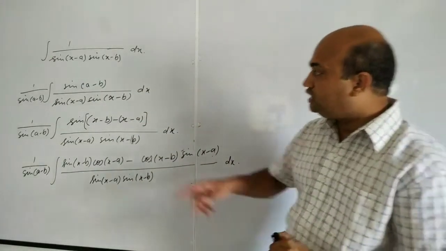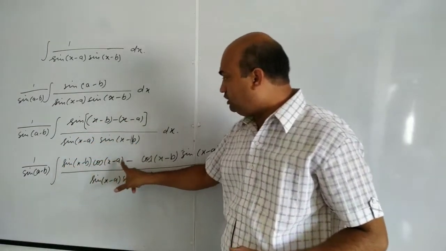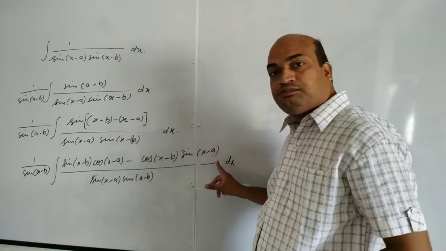What we have done in the numerator? Sin(a minus b) applies: sin a cos b minus cos a sin b.